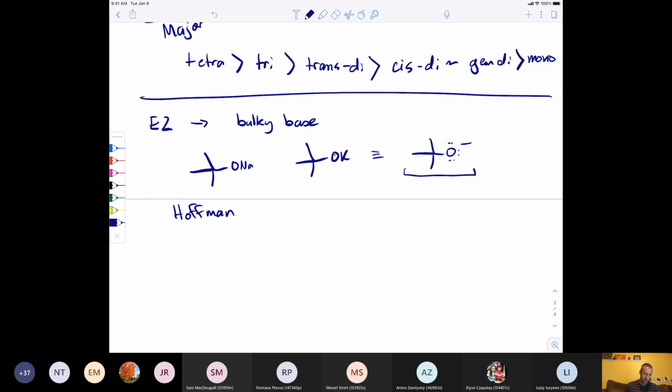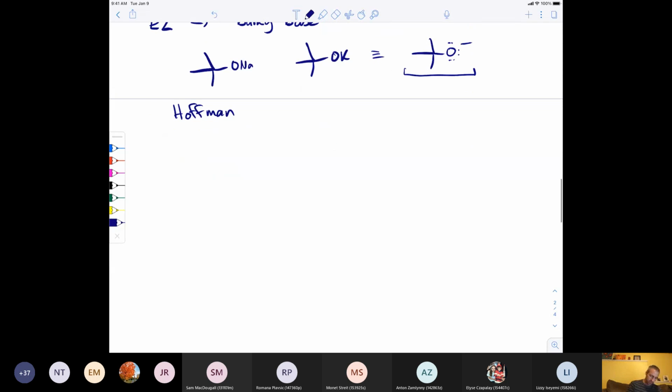It gives you the least stable one because, for example, let's say you have a carbocation that looks like this. All right, this is our alpha. We have a beta, beta, beta. Let's put our hydrogens in green. These methyls here, they're kind of big, right?